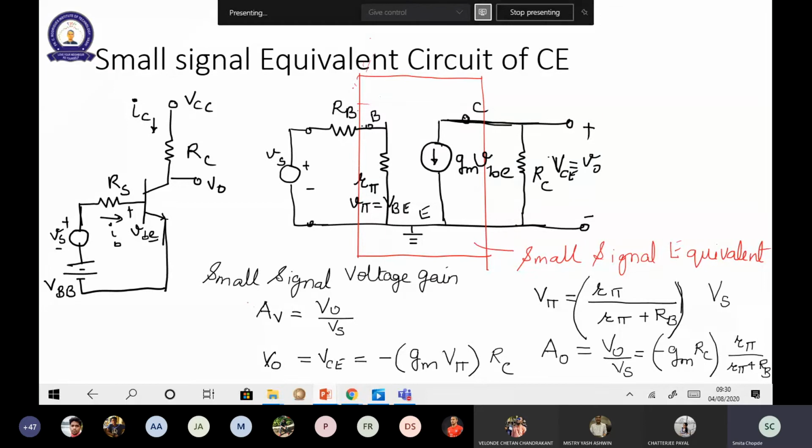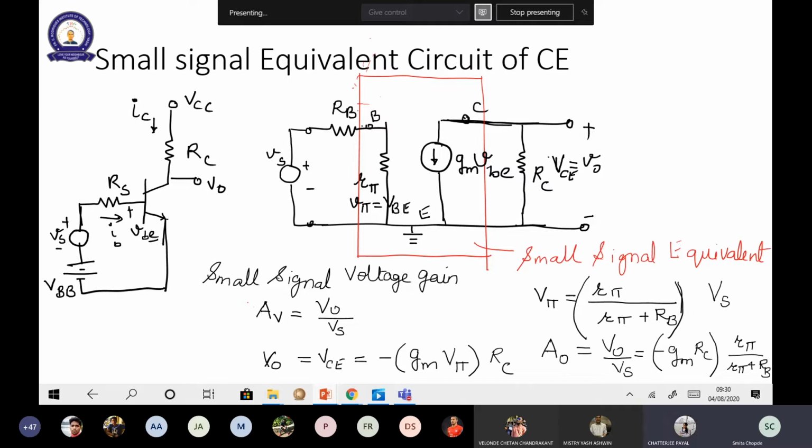If it is in common emitter configuration, what should be the state of the active region? Can anybody tell me? When this common emitter configuration will work in the active or linear region, what should be the biasing? How do we bias this common emitter configuration?